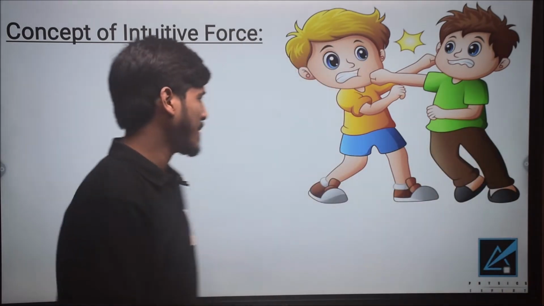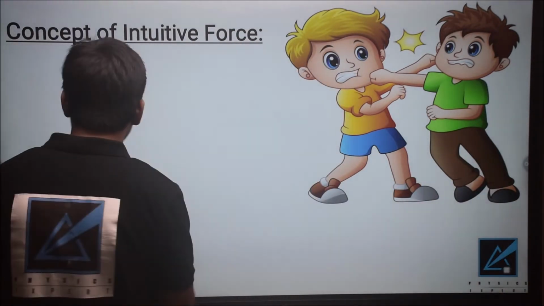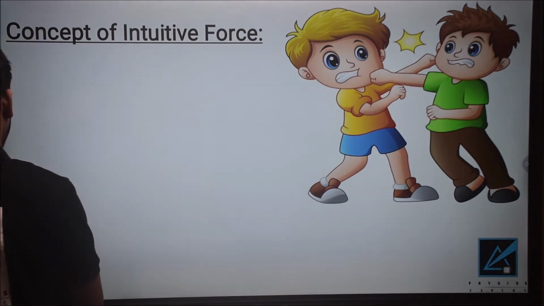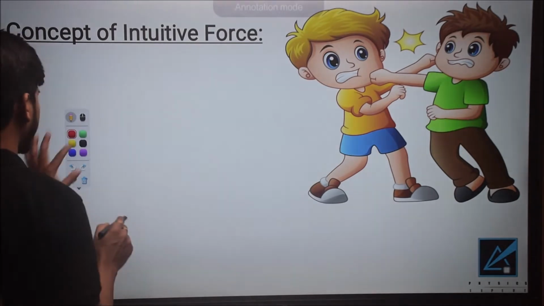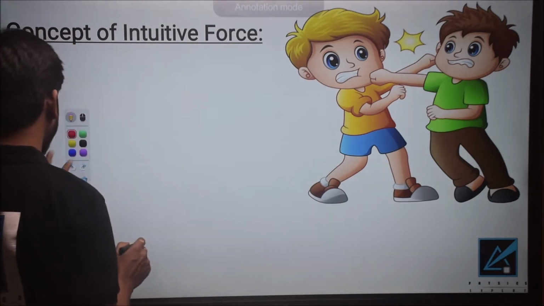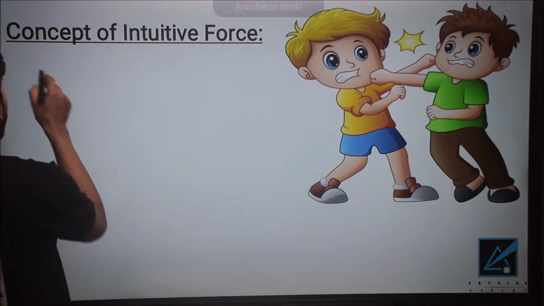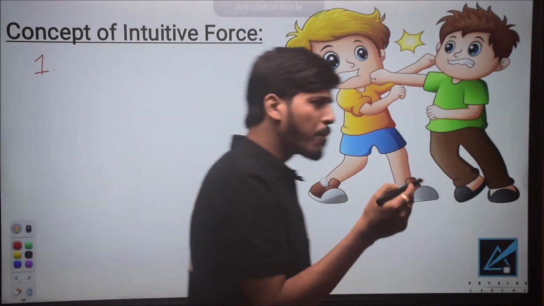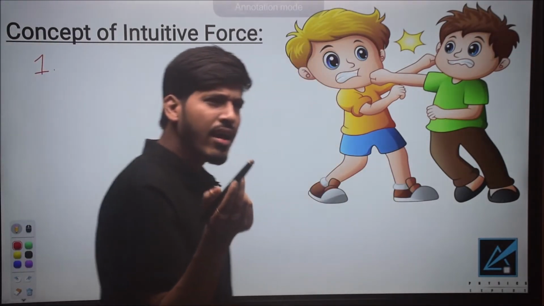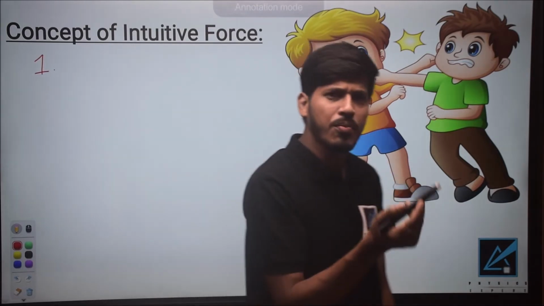Try to understand. If there is force, I am writing here. If there is force, if the object is at rest, it has a tendency to move.